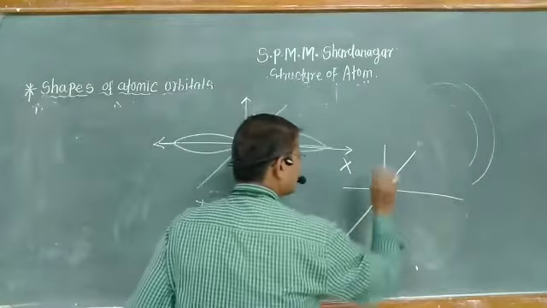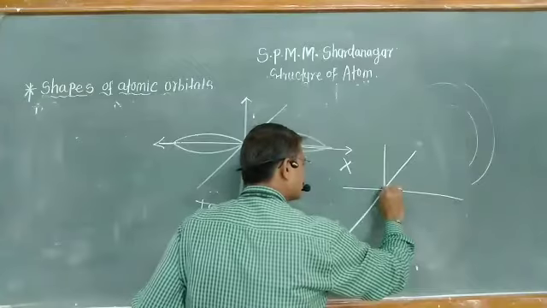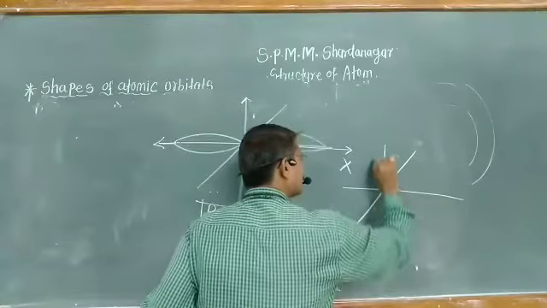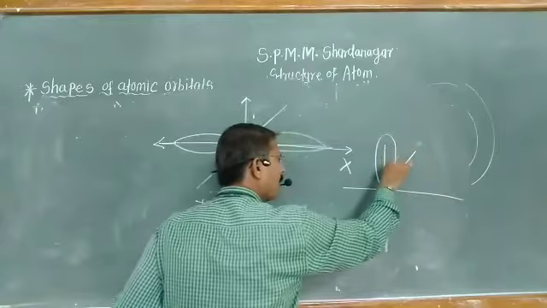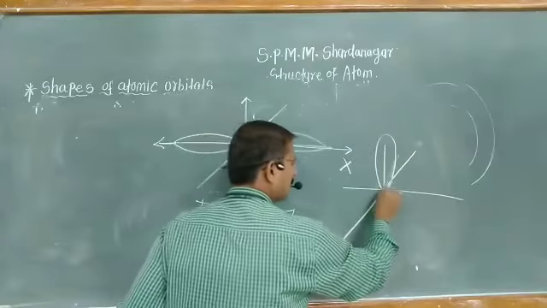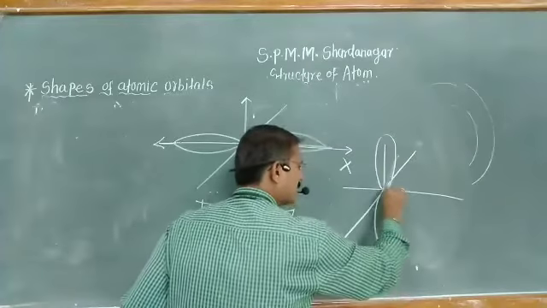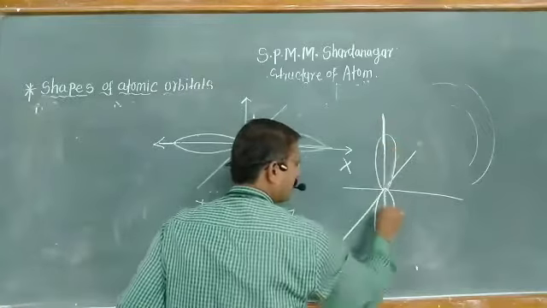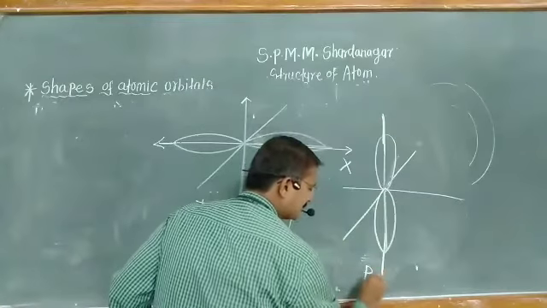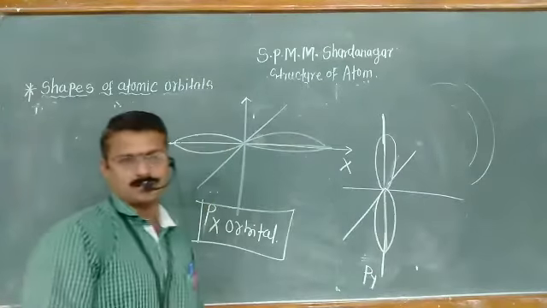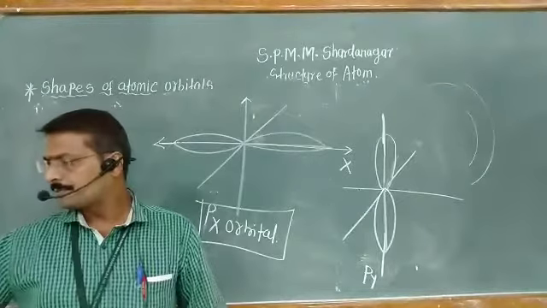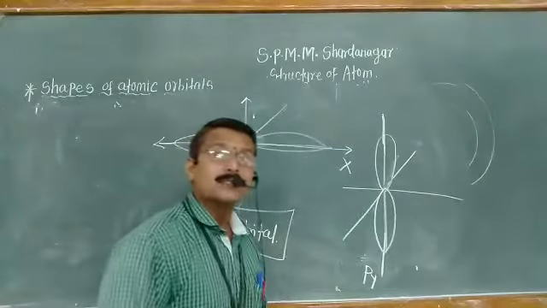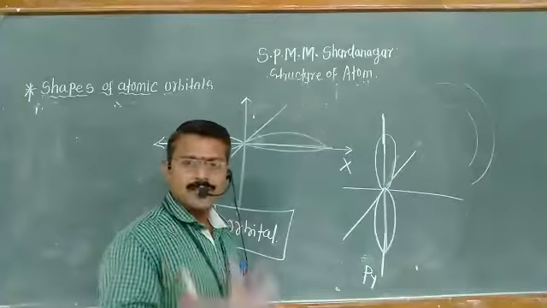When we discuss here, this is the p orbital along which axis? The y-axis. Hence it is called a py orbital. Next is the pz orbital.